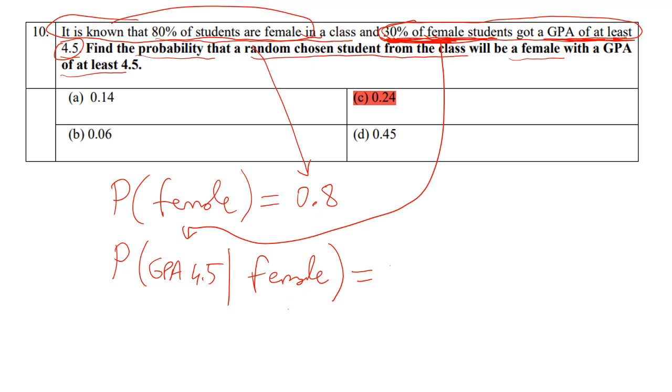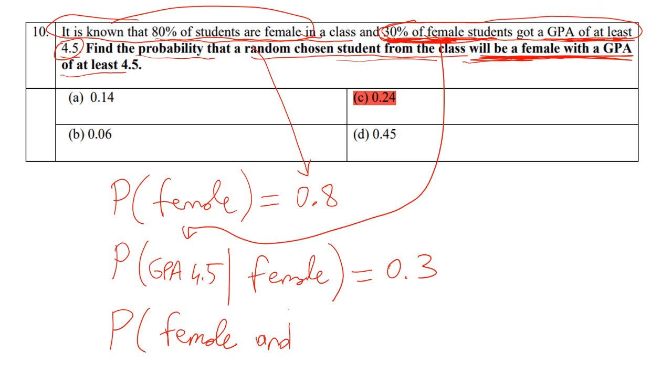So we can write this one 0.3. Now, what is it asking? Find the probability that a randomly chosen student will be a female with GPA at least 4.5. So we want a female student, and this student will have this property at the same time: she will have a GPA of 4.5.